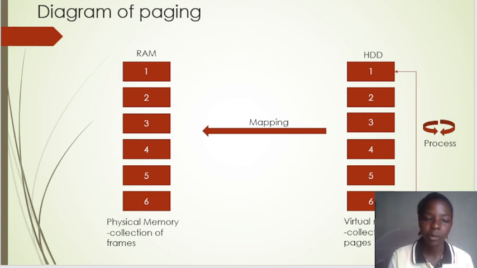So like I said, when the space in RAM is not enough, the operating system will get a page from the virtual memory, which is like the hard disk drive, and shift it to the main memory. And on our right, we are seeing a process undergoing execution.